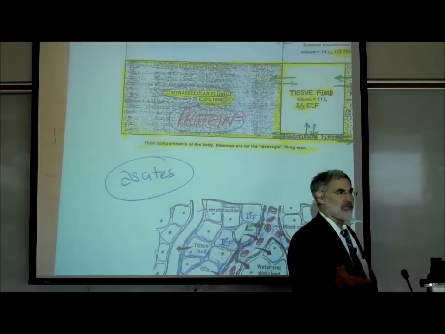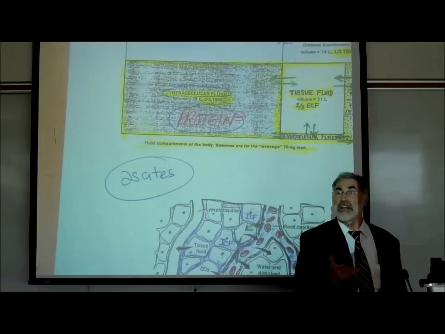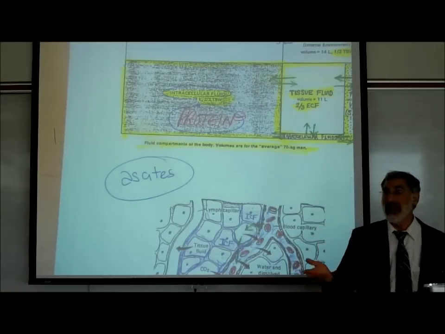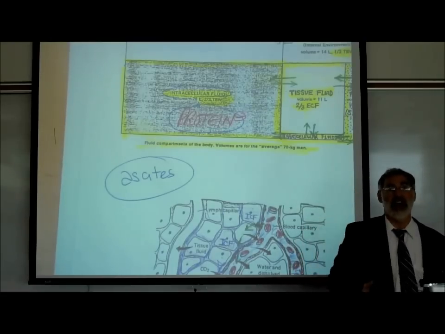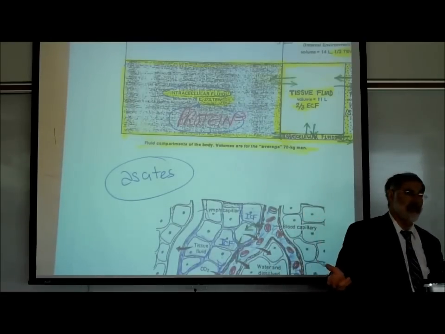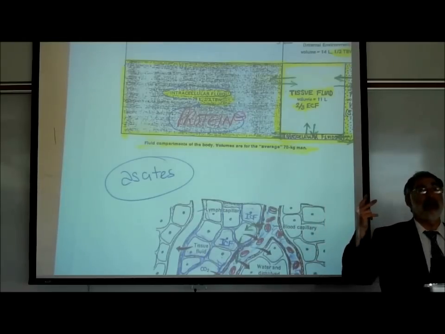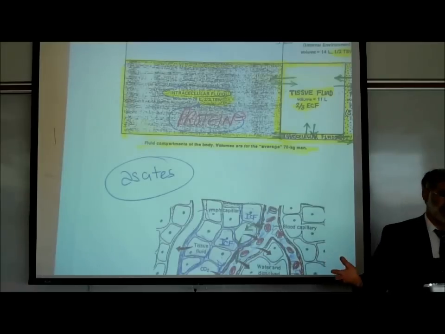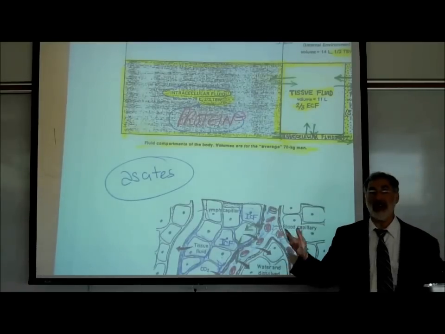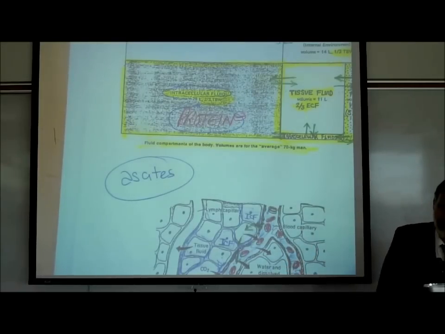But if you memorize 5 liters, that's not normal for either one. If you've memorized 5 as the normal, then that's really less than normal for what guys should be and more than normal for women. What you really need to do is memorize both sets of values. Nobody wants to memorize 2 sets of values. All right? It's hard enough to remember 1 set of values.